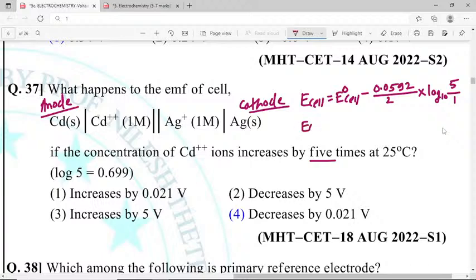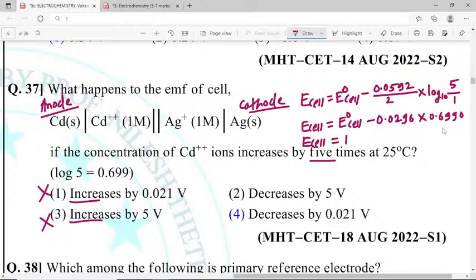E cell is equal to E naught cell minus 0.021.